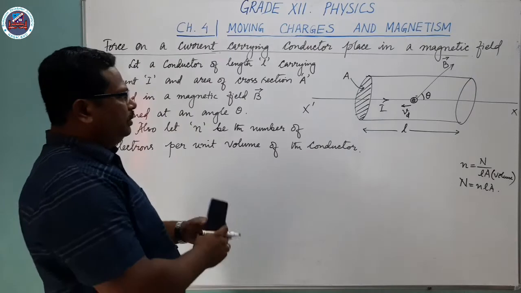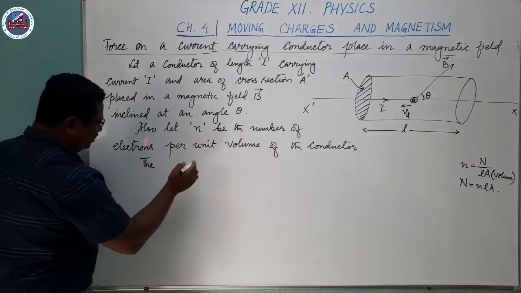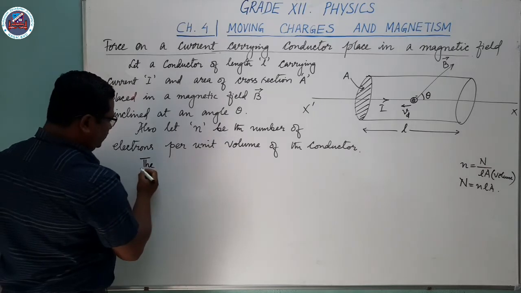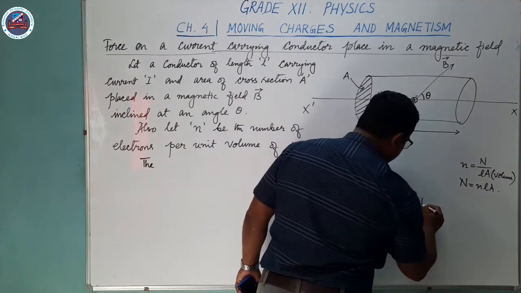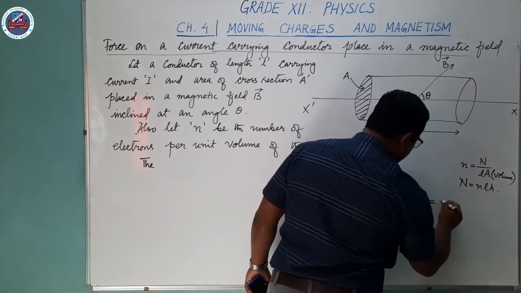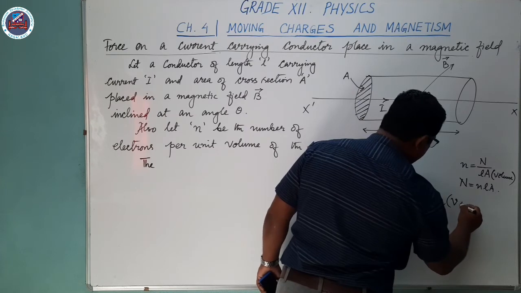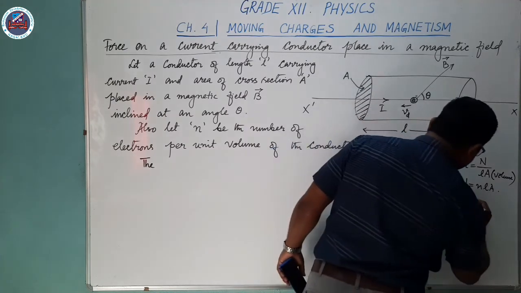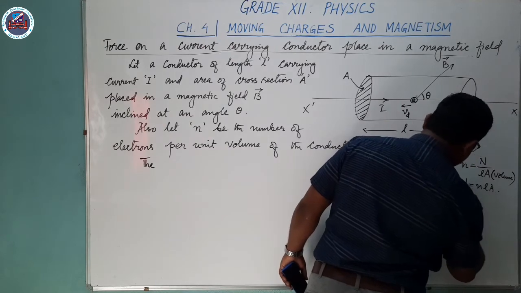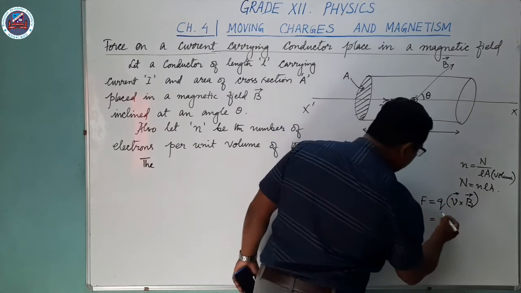Now, we know the force experienced by a single charge. Already we have discussed earlier. The force experienced by a single charge placed in a magnetic field is the magnetic force F equal to Q times V cross B. This is the formula, and now the charge is an electron, so e.